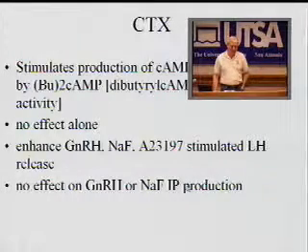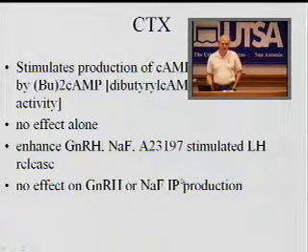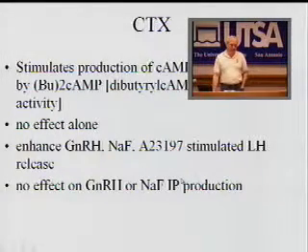So what we're seeing is that there's some interaction between increased adenylate cyclase activity and the GnRH and calcium-dependent, extracellular calcium-dependent release of the LH, but it seems to be independent of the IP production by the GnRH or this sodium fluoride.